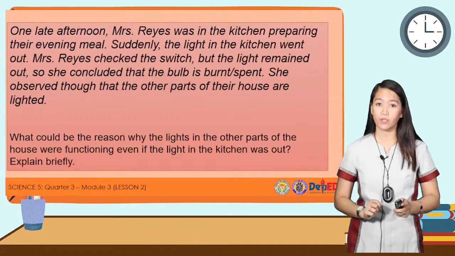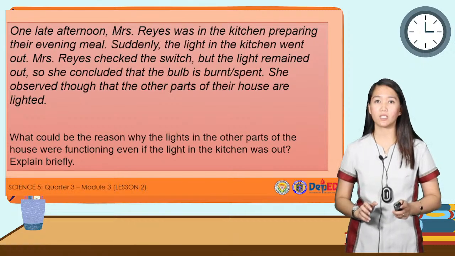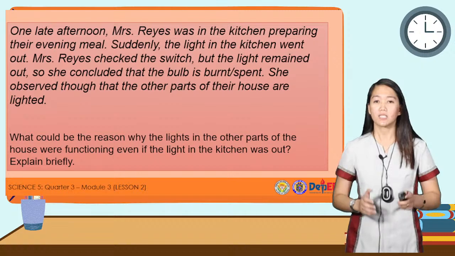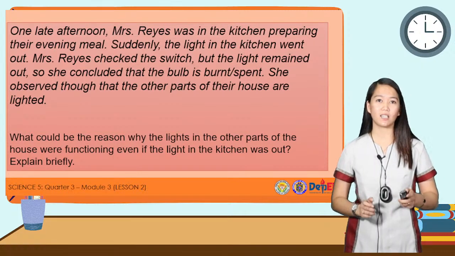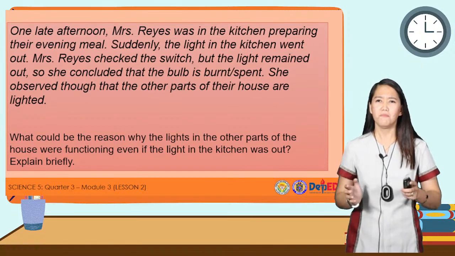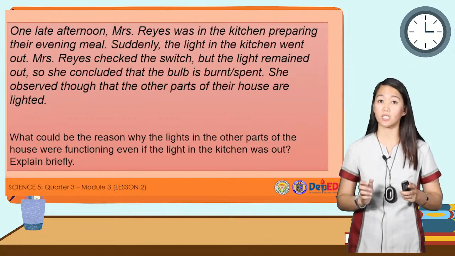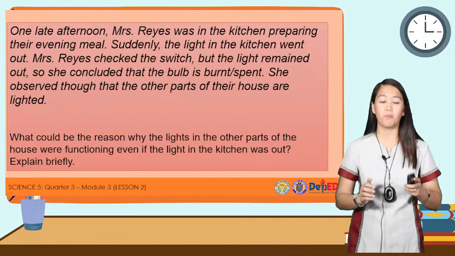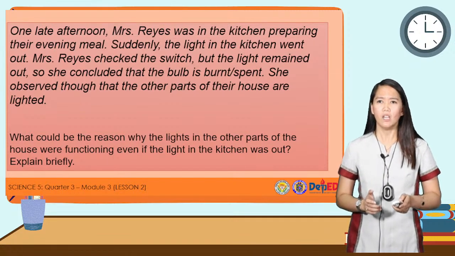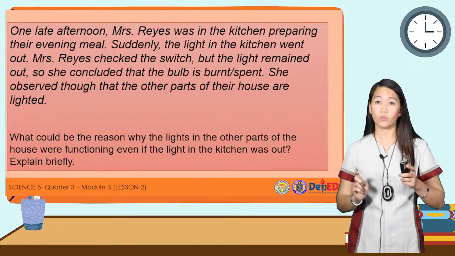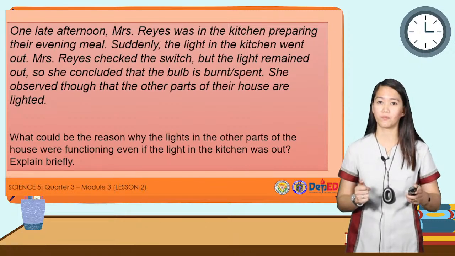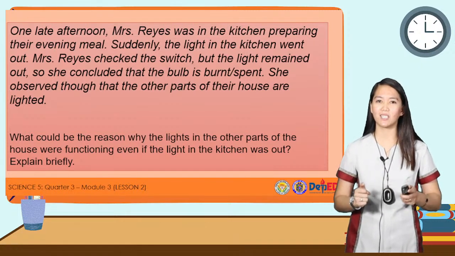One late afternoon, Mrs. Reyes was in the kitchen preparing their evening meal. Suddenly, the light in the kitchen went out. Mrs. Reyes checked the switch, but the light remained out. So she concluded that the bulb is burnt or spent. She observed, though, that the other parts of their house are lighted. Okay, so that is the situation.